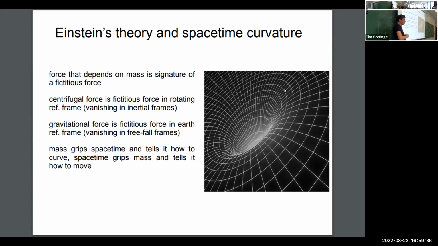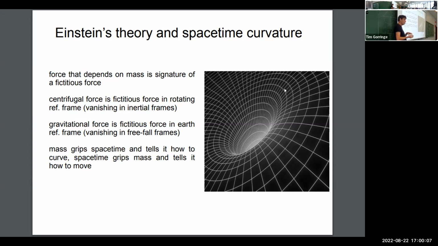So the simple problems we're doing with the free-fall law today, and that you'll do with Newton's gravitational law in the homework assignment, really were the foundations for a much deeper understanding of what gravity is. Gravity is actually that mass grips space-time and curves space-time, and then curved space-time grips masses and determines the motion of masses.